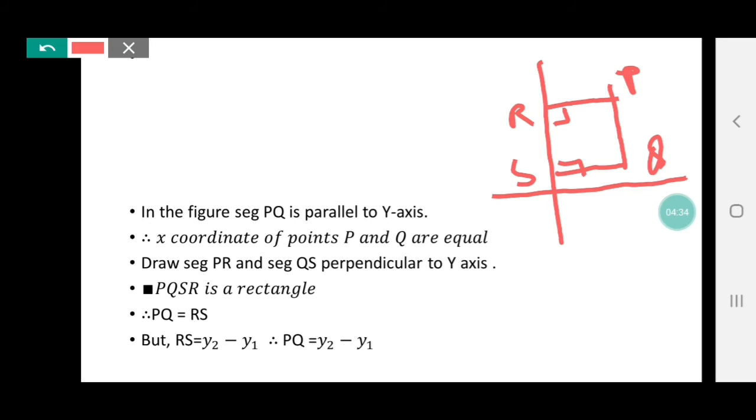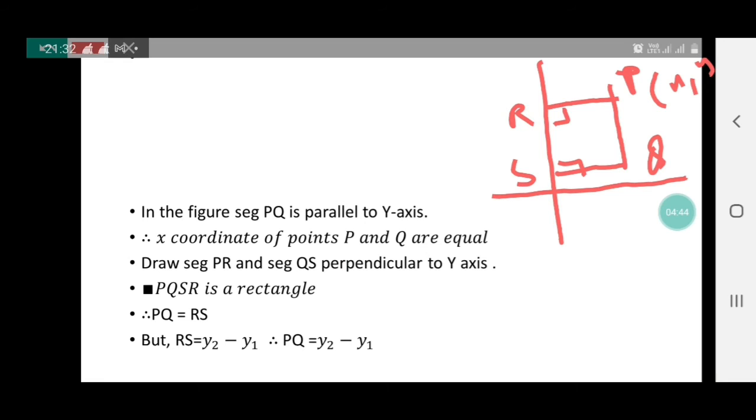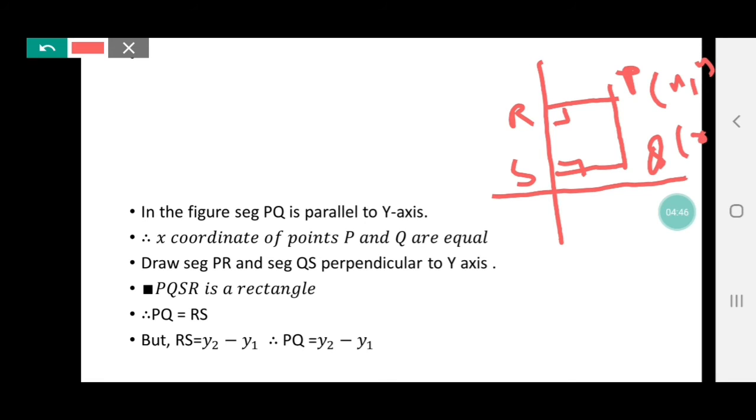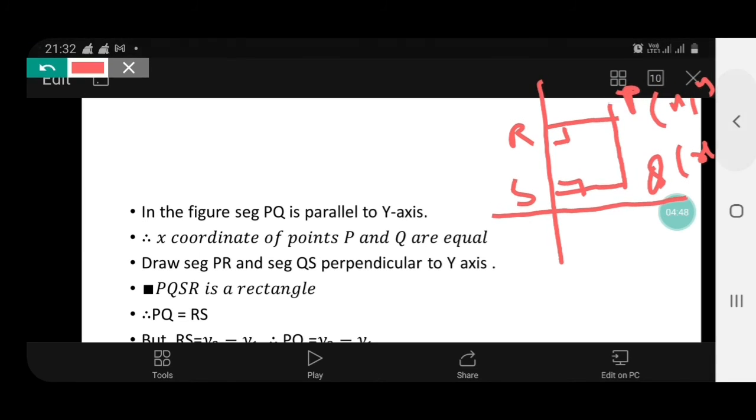Now, which coordinate will be equal for P and Q? Naturally, the x coordinate will be equal. So P is (x1, y2) and Q is (x1, y1). Similarly, the coordinate of S will be (0, y1) and the coordinate of R will be (0, y2).